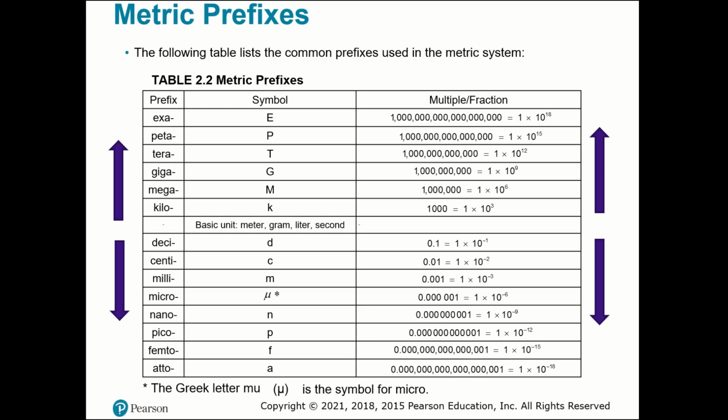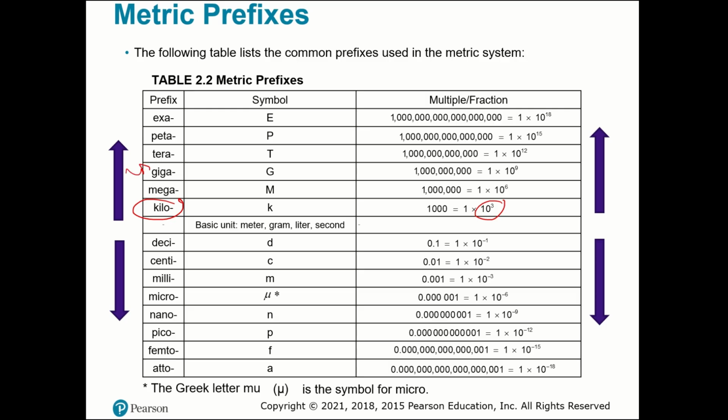So instead of saying 1,000 grams, we're going to say 1 kilogram. Here we have some prefixes that I need you to get used to. If I use kilo, I know that it is 10 to the power of 3, so 1,000 grams would be 1 kilogram.